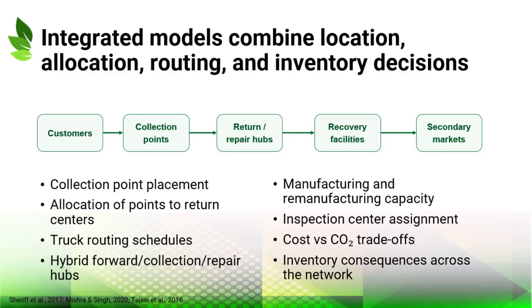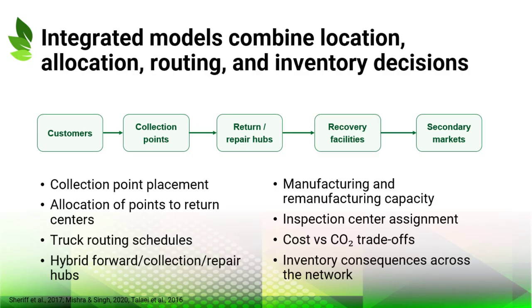Integrated reverse logistics models combine location, allocation, routing, inventory, and capacity decisions. The flow usually starts with customers and moves through collection points, return or repair hubs, recovery facilities, and secondary markets. At each stage, managers decide where facilities should be placed, which customers or collection points should be assigned to which centers, and how trucks should be routed.